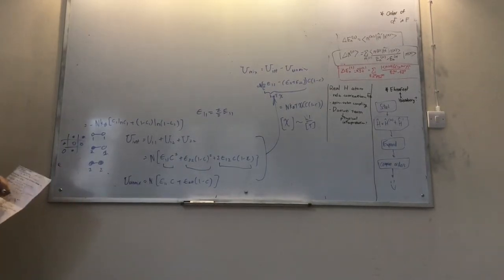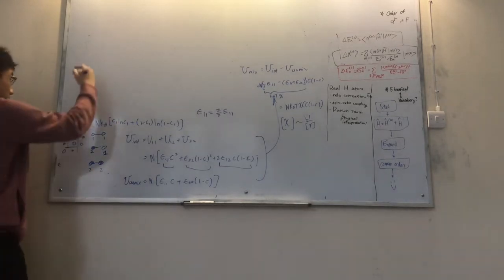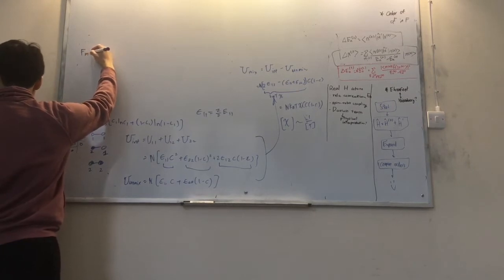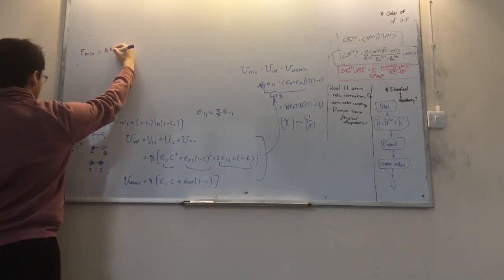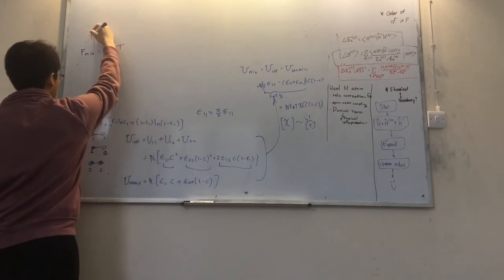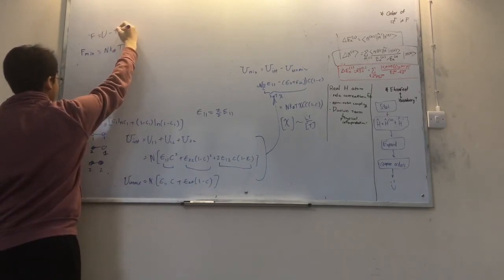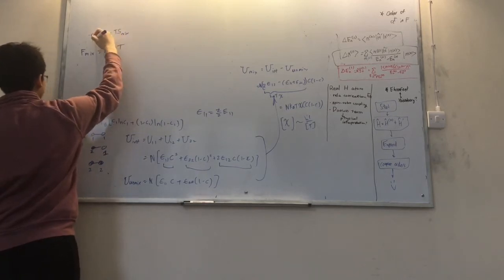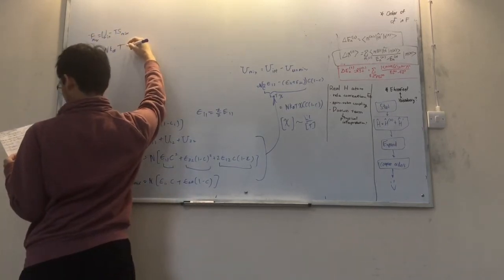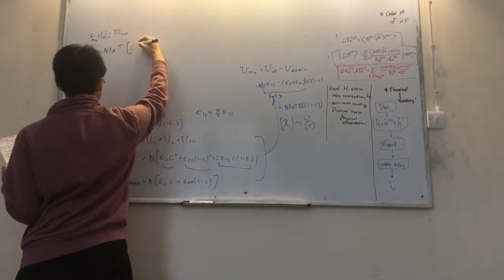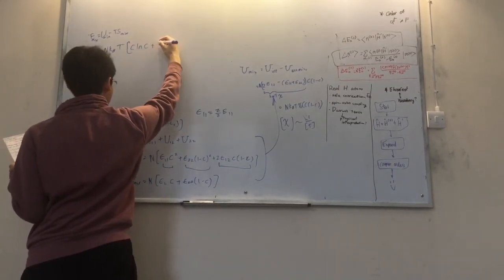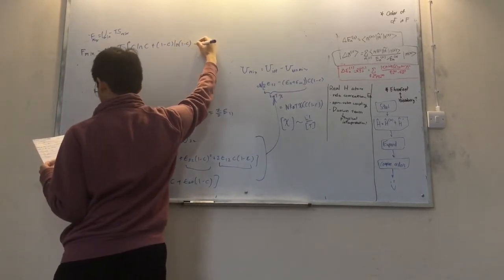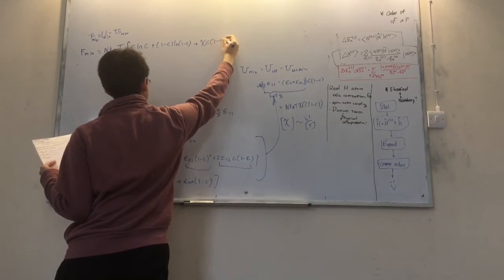So mixing energy is defined as the energy difference caused by mixing. So if we do this, minus TS, mix, we get C ln C plus (1 minus C) ln(1 minus C) plus chi C(1 minus C).